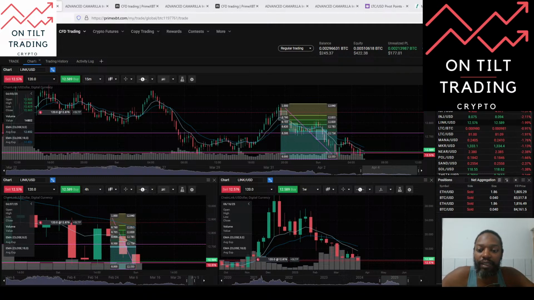So when the 9 is below the 18, this is a short for me, and seeing correlation on the remainder of the charts, and you can see here the 18 is above and the 9 is below, so this is showing weakness here for me. And we can see here on the 15-minute chart the 18 is trading above and the 9 is trading below.